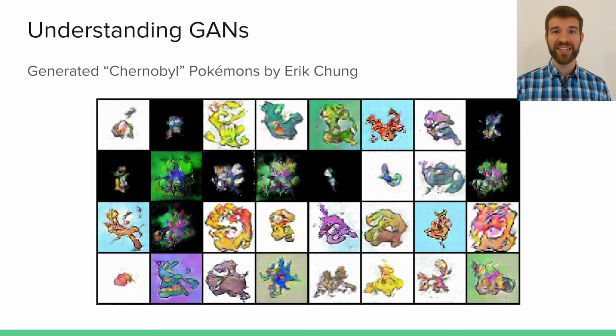The next topic we're going to take a look at is generative adversarial networks and how we can dissect and take a look at them. Last year I had one student who gave me permission to use this great figure in this lecture.